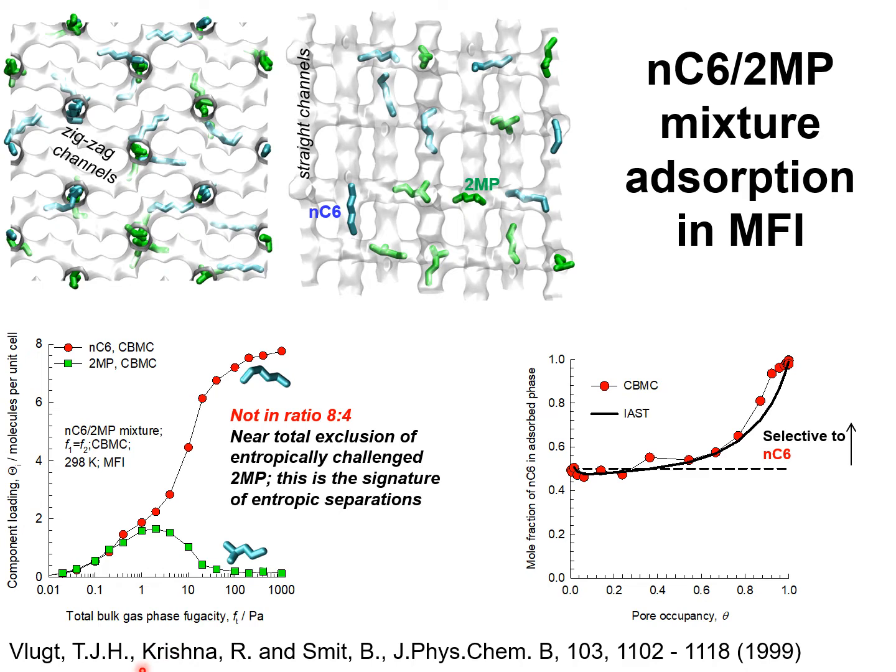In a paper published in 1999, we had published data obtained from configurational bias Monte Carlo simulations for mixture adsorption of normal hexane and 2-methylpentane in MFI zeolite. The data are presented here.